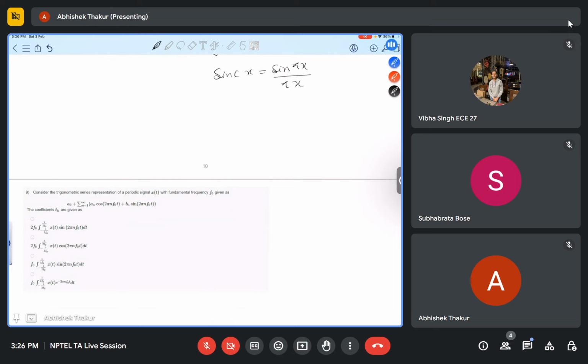Consider the trigonometric series representation of a periodic signal x(t) with fundamental frequency f naught, given as a naught plus and so on. They are asking for the coefficients bn. So in this question we have to find the coefficient bn.